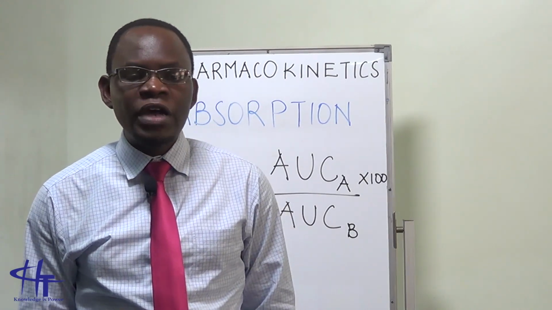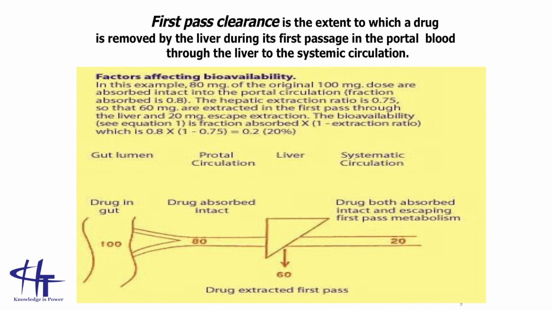Now, the other term that you'll find quite often used in absorption is what we refer to as first pass metabolism, or first pass clearance. Now, this is strictly common for those drugs that are absorbed along the GIT, because when they are absorbed along the GIT, they have a common blood vessel where they will go.